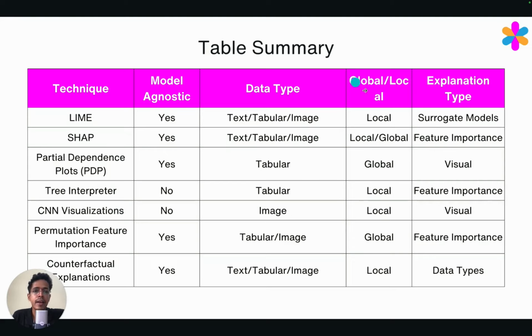Some of them are local, some global; some are visual, some denote feature importance, and some look at the individual data point to derive an explanation. So there are various ways in which explainable AI techniques can be classified.